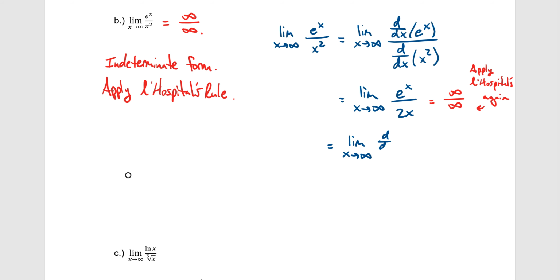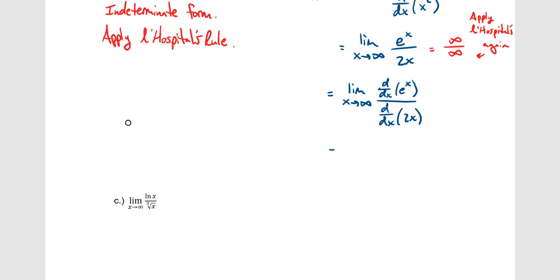So d dx of e to the x divided by d dx of 2x, and we get the limit as x goes to infinity. The derivative of e to the x is e to the x. The derivative of 2x is 2.